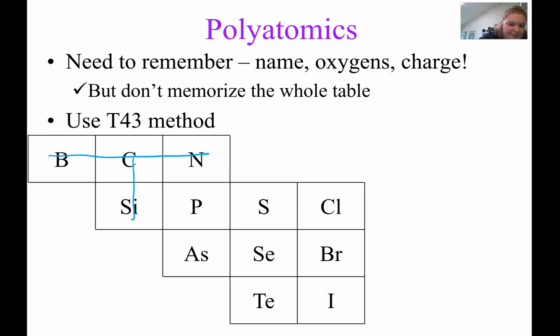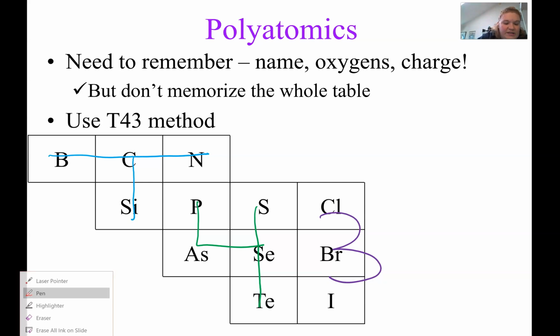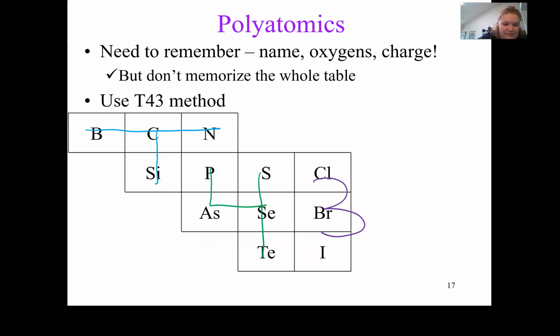There's the T. There's the 4. And there's the 3. Now, what this table helps us figure out is the number of oxygens and the charge of all of the 8s.